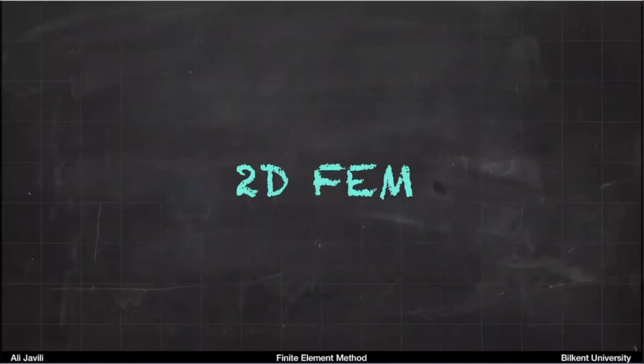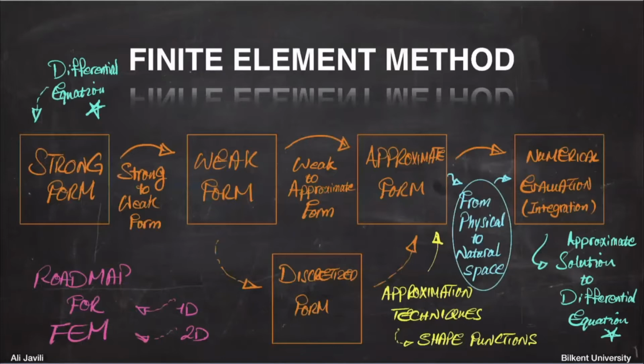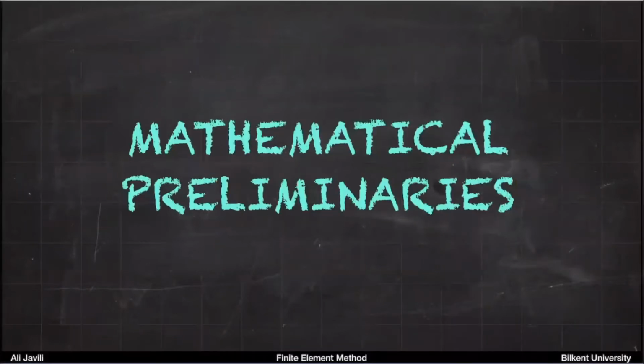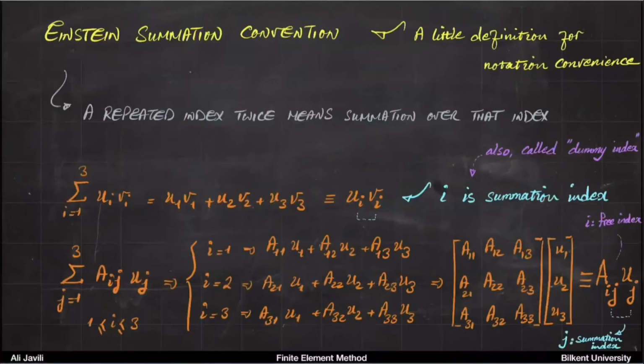All right, now, when we want to do the same thing in two-dimensional finite element method, basically we go through the same order, the same map, except that now we need to have some additional mathematical preliminaries that we discussed. So we introduced this sort of index notation and this Einstein summation convention.